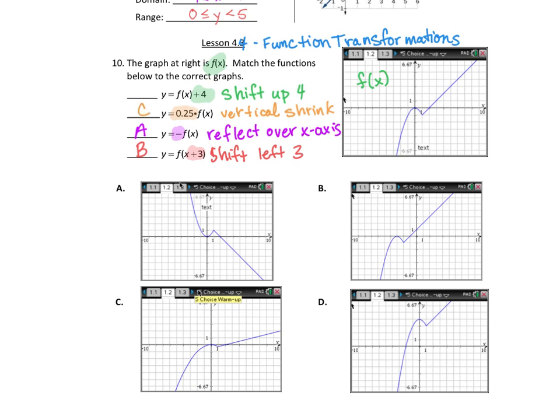And then our last example here, we can see that this point, if we use that as a guide, was right here, and that has been shifted up from its original position. So that was D. And you just need to know those rules. I would have them on a scratch piece of paper or some kind of study guide so that when you take the test, all of that material will be available for you.